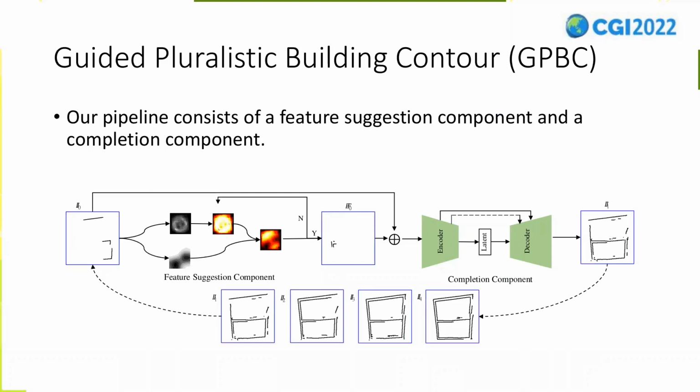Our system is short for JPBC, and its pipeline consists of two components, a feature selection component and a completion component. In the feature selection component, we use an entropy-based feature selection model to indicate where in the image it would be most beneficial to perform an uncover operation.